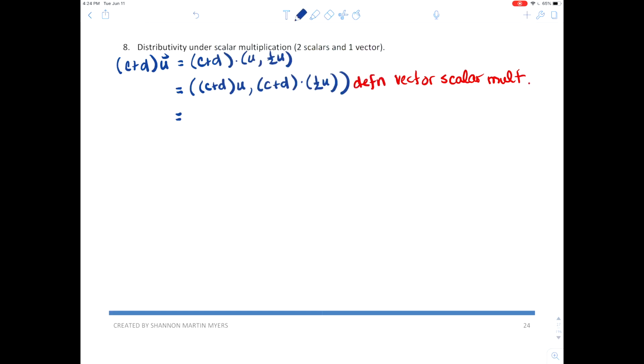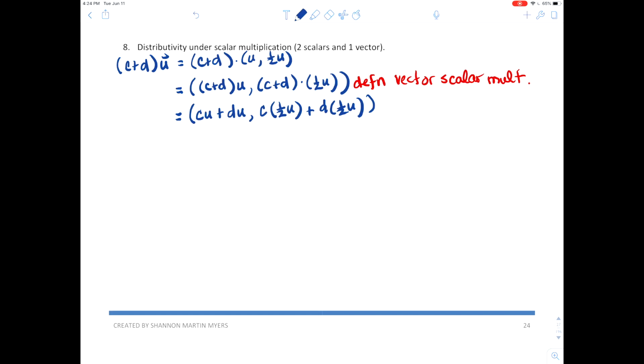So now we can use properties of real numbers because they're all real numbers in a single vector. So that is what we will do. The first component will be C times U plus D times U. And then the second component will be C times 1/2 U plus D times 1/2 U, where the halves are grouped.